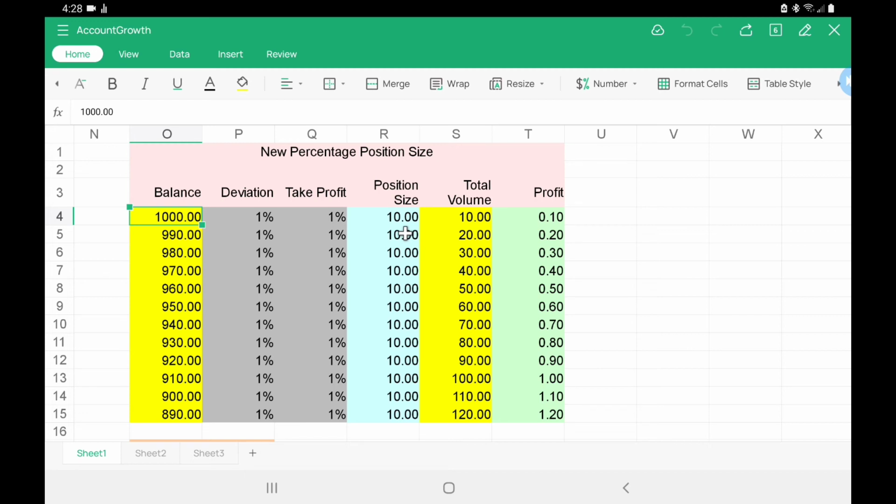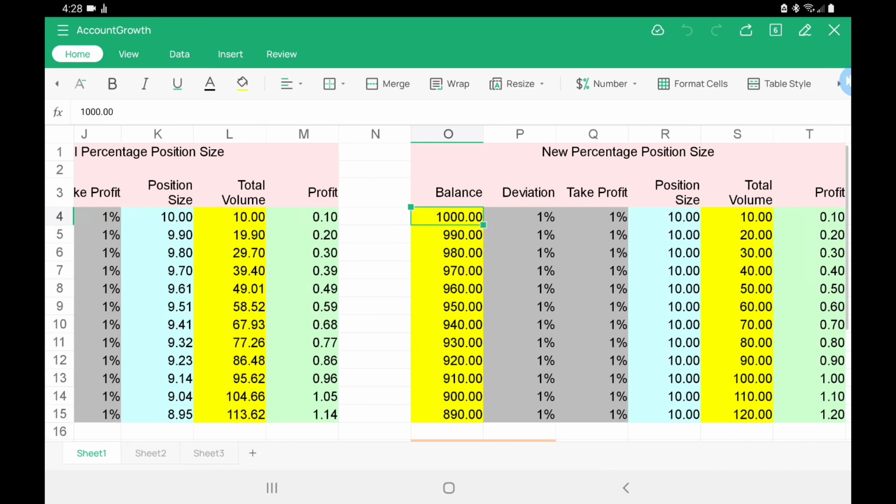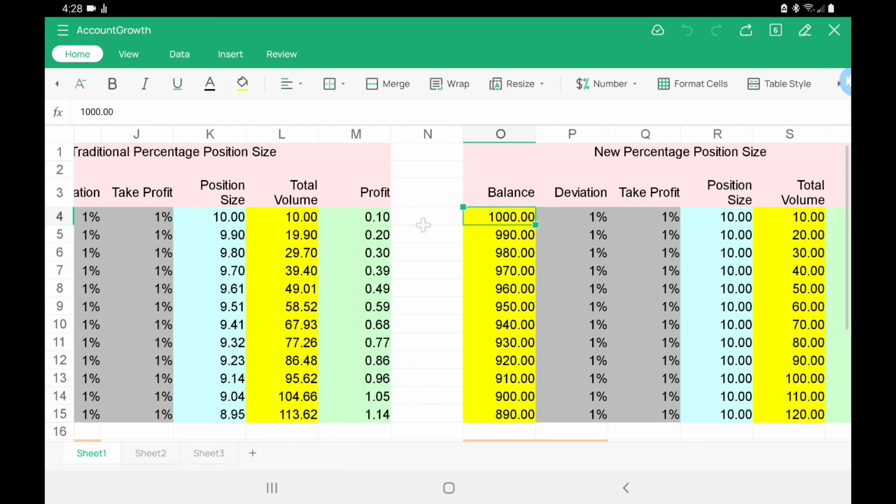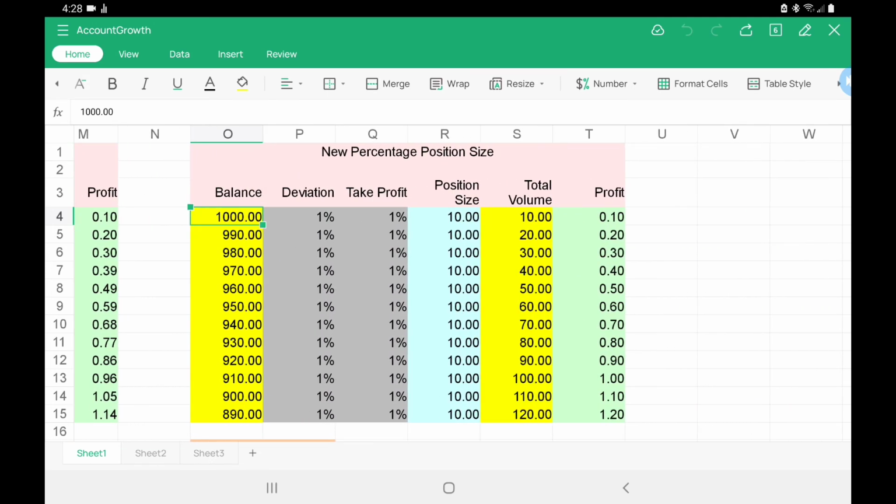The volume of your asset won't decrease per position the way it does in the traditional percentage-based system. Your volume will be guaranteed to maintain consistency throughout the entire trading process. This is a maximization of profit appropriate to accumulation.